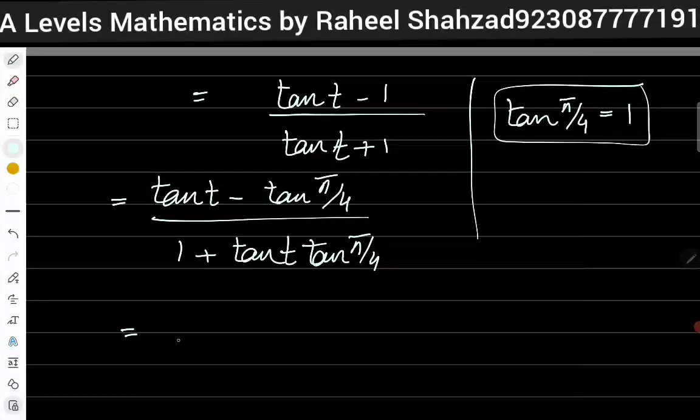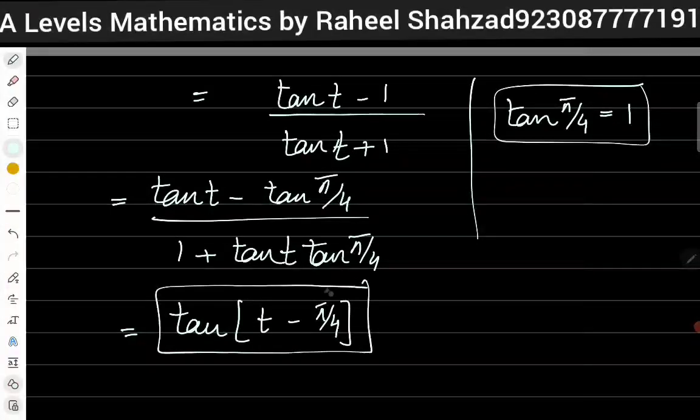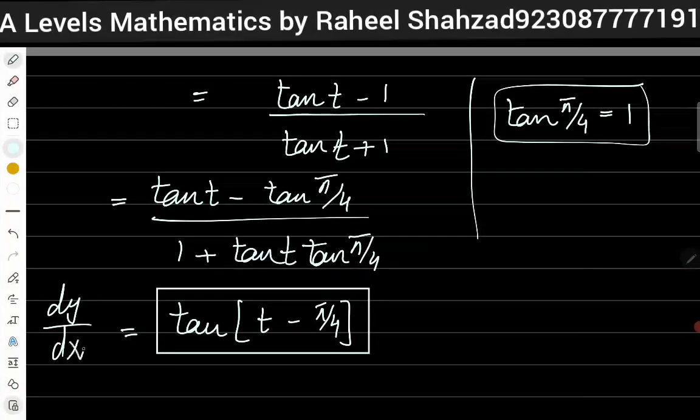And we can use the addition formula for tan, that is equal to tan of (t minus pi by 4). So that is what is required. That is your dy by dx.